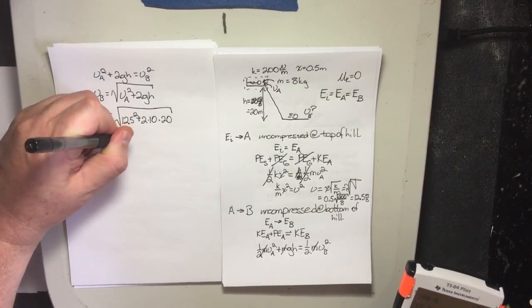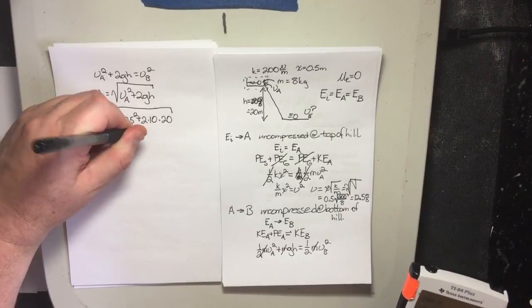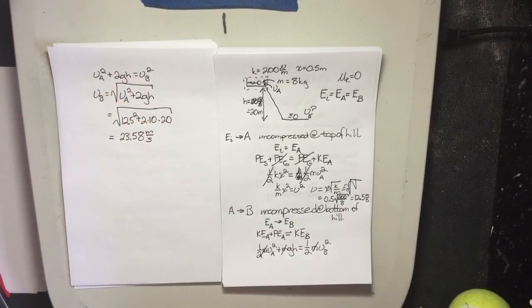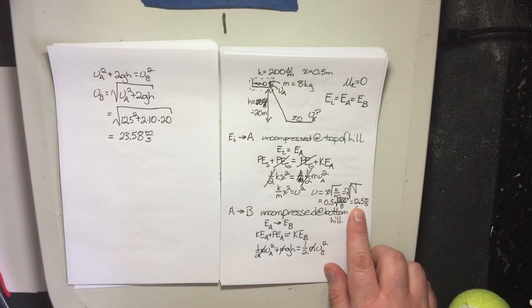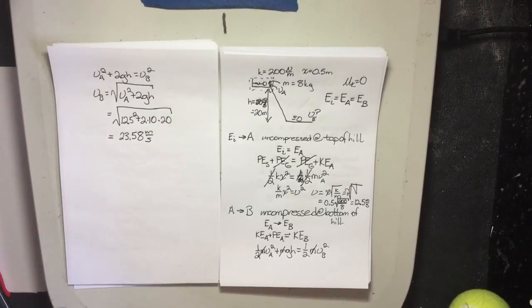So 23.58 meters per second. Yes? Isn't VA 2.5? You mean this? Yeah, because 200 divided by 8 is 25, and then the square root of 25 is 5.